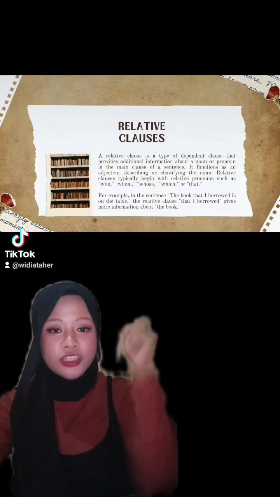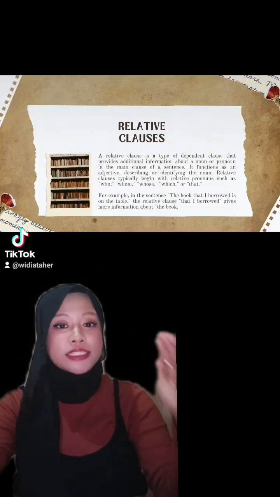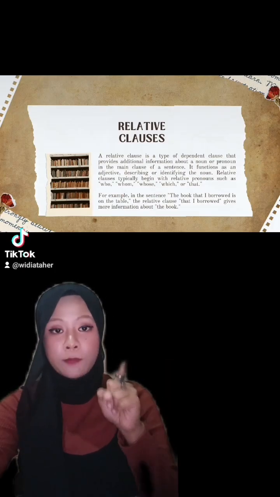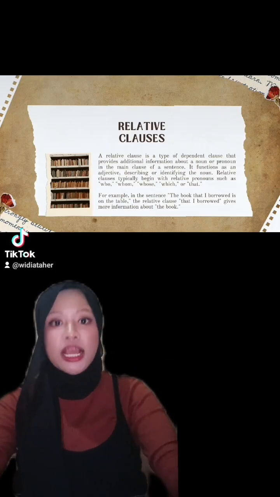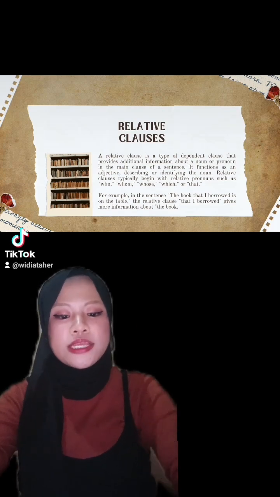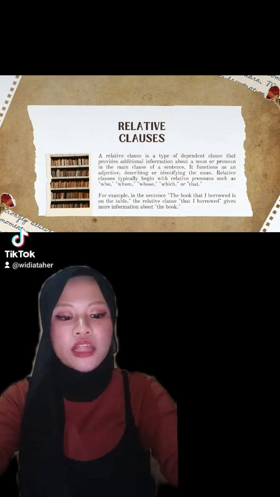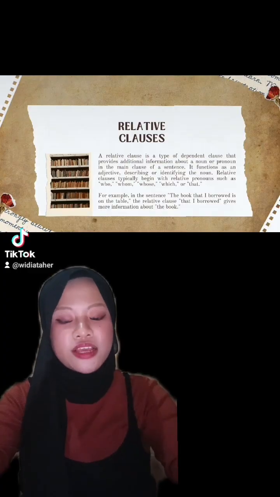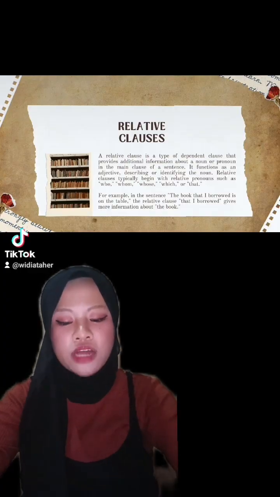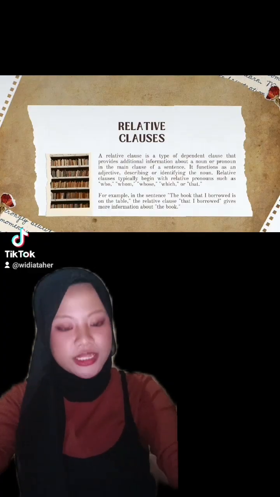Okay, next we move to the last subject we talk about in part 1. It's about relative clauses. A relative clause is a type of dependent clause that provides additional information about a noun or pronoun in the main clause of a sentence.